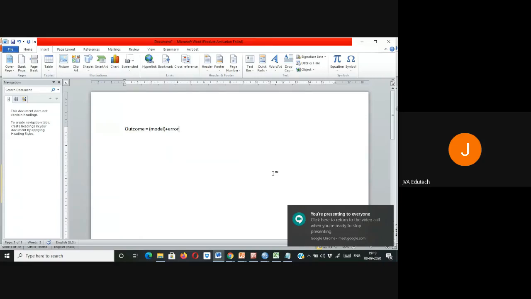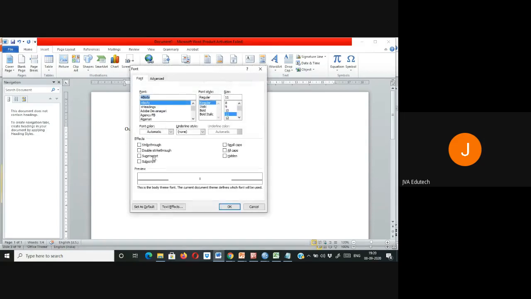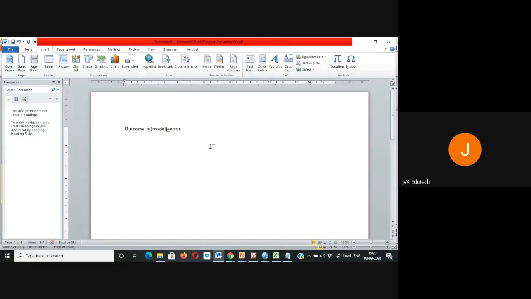In a statistical output, we say outcome is equal to model plus error. Now let's define this outcome for the ith term, meaning a variable i. So the outcome i is equal to model i.